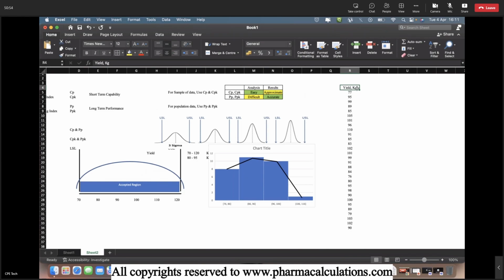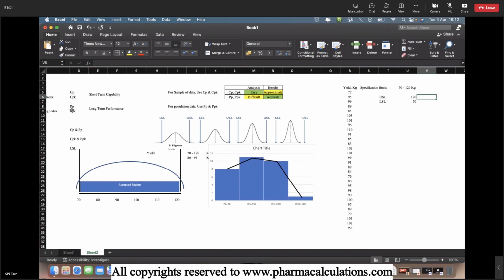I have taken a total of 30 batches of data, and the specification limit is 70 to 120 kg. So the upper specification limit is 120 kg, and the lower specification limit is 70 kg.